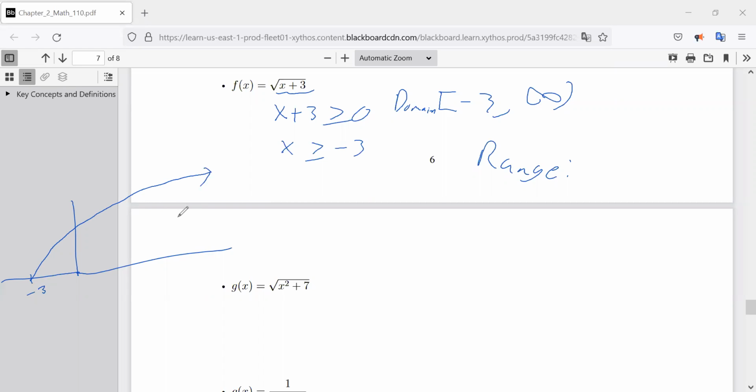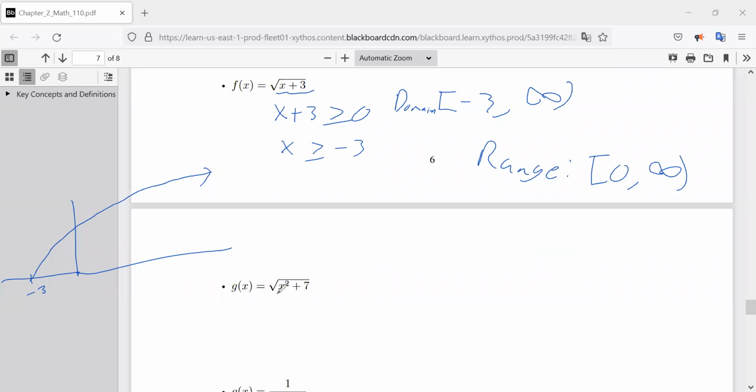So what y values can I hit? Everything greater than or equal to 0. Yes, I can hit 0 and I can hit anything bigger. So that is my answer. Does that make sense? Okay.